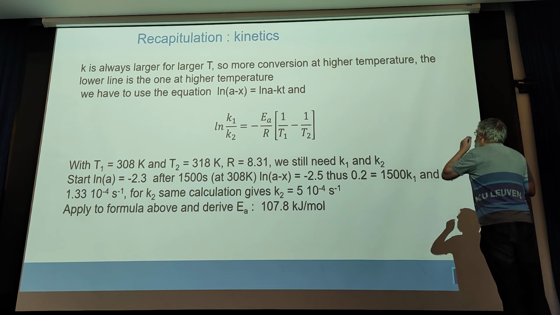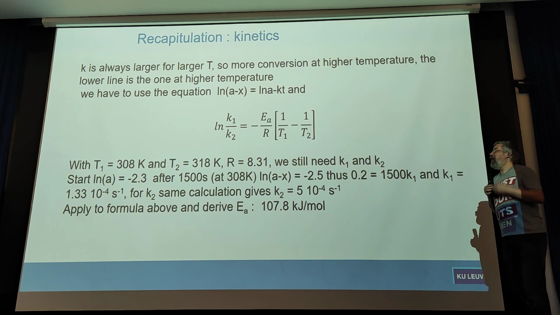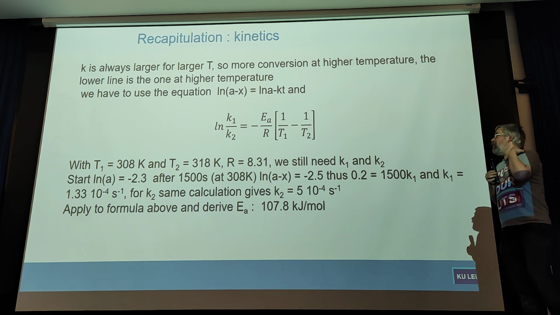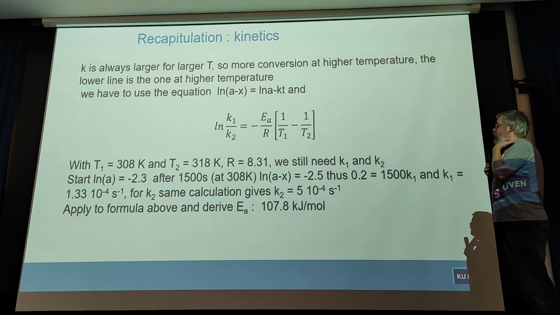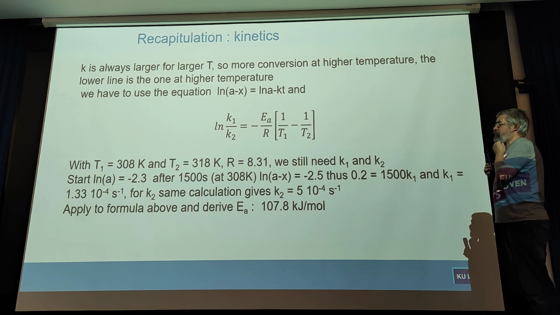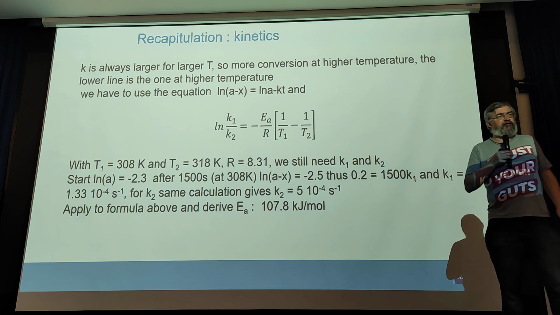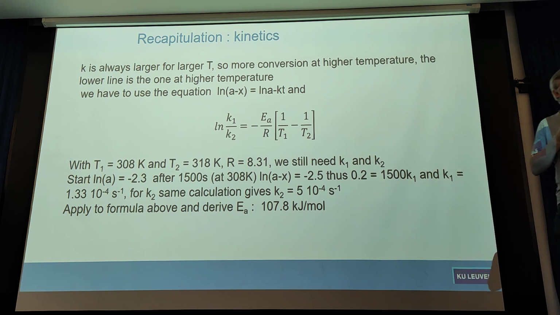So this is the equation that we need. ln(K1/K2) equals minus Ea over R times the difference in the reciprocal temperatures. So the two temperatures in Kelvin are 308, that's 35, and 318, that's 45 degrees Celsius.